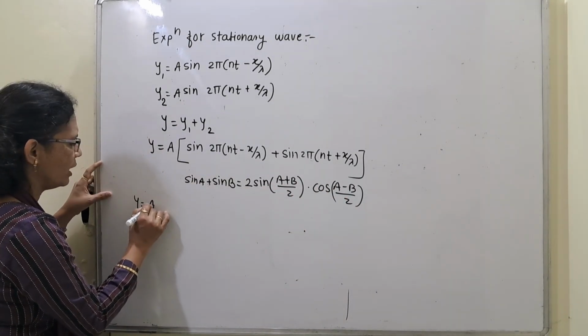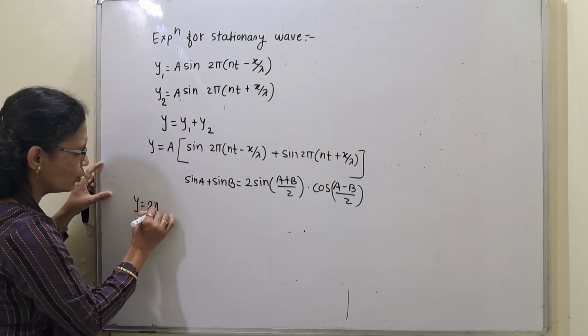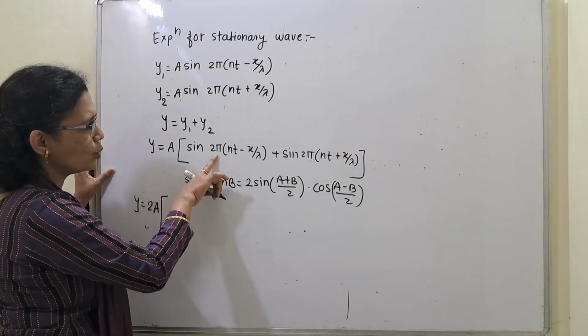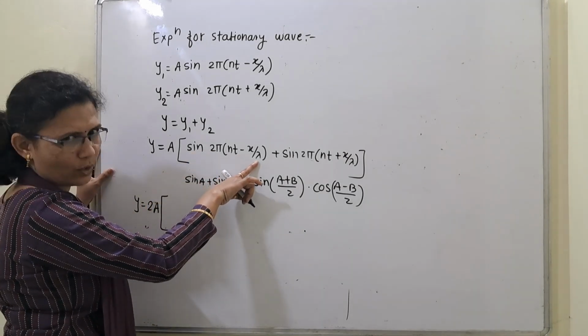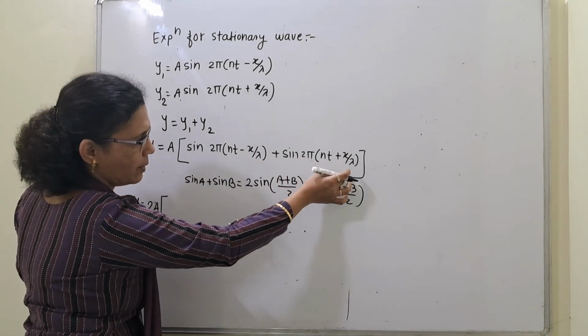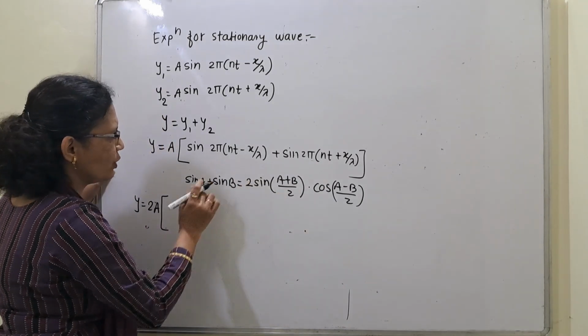y is equal to a will be as it is. This 2 I will take out. Therefore, 2a will be there. And now, sine of 2 pi n t minus x upon lambda and 2 pi n t plus x upon lambda. So, we have to add these, divided by 2. Then what will be the addition?